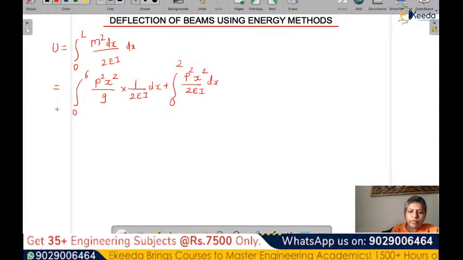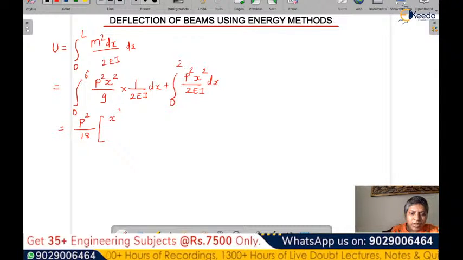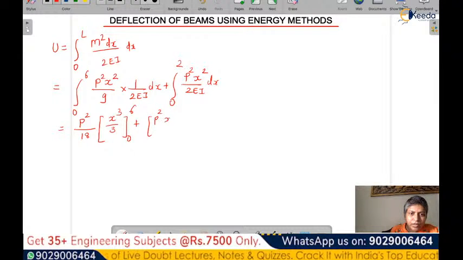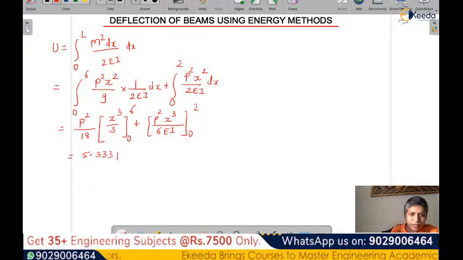When you do the calculation, it will be P square by 18 outside, x cube by 3, 0 to 6, then P square, x cube by 3, so 3 into 2, 6EI, 0 to 2. Finally we will get the answer as 5.333 P square by EI.